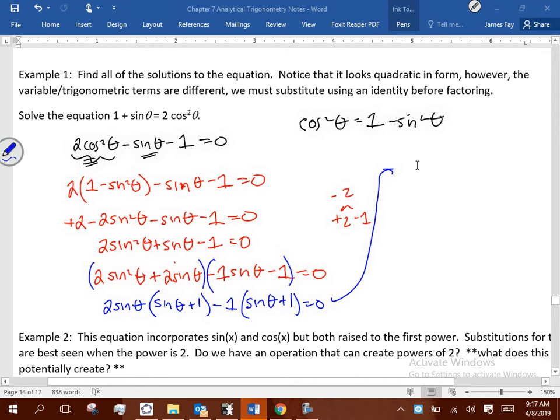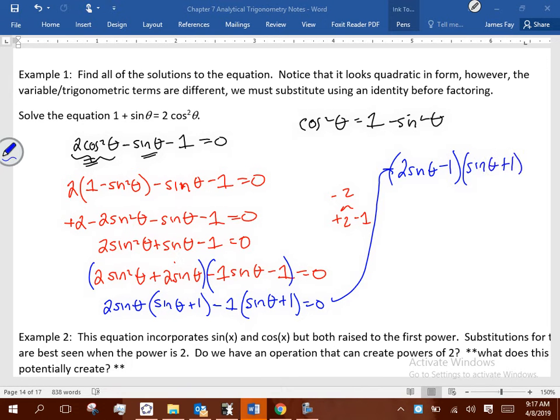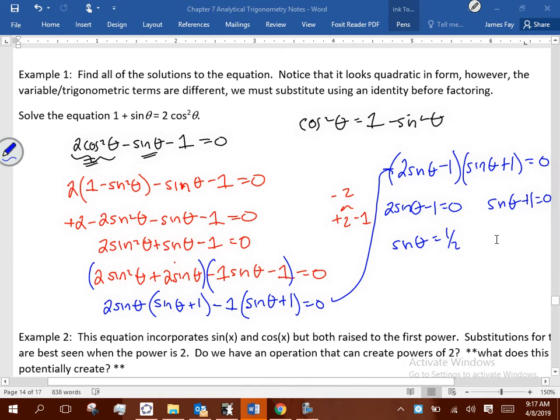So it's going to give me 2 sine theta minus 1 and sine theta plus 1. Zero product property. And we get something like that.